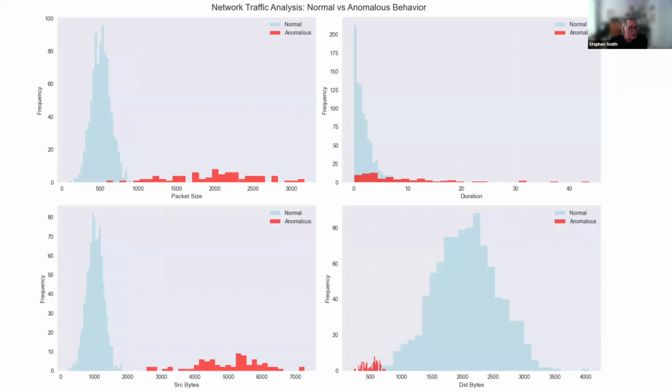Okay, so coming out of this, hopefully intuitively you understand what we're talking about when we talk about an anomaly and how that differs from what we would consider to be the norm.